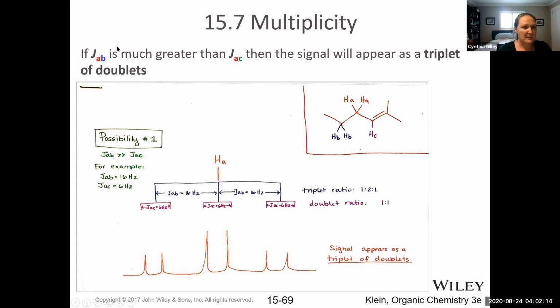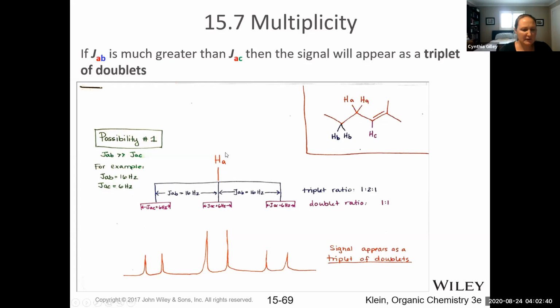If JAB, which means the distance between the peaks as a result of B splitting A, is much greater than JAC, then the signal will appear as a triplet of doublets. So let's see how we can draw a splitting tree that will help us figure out what the signal might look like.